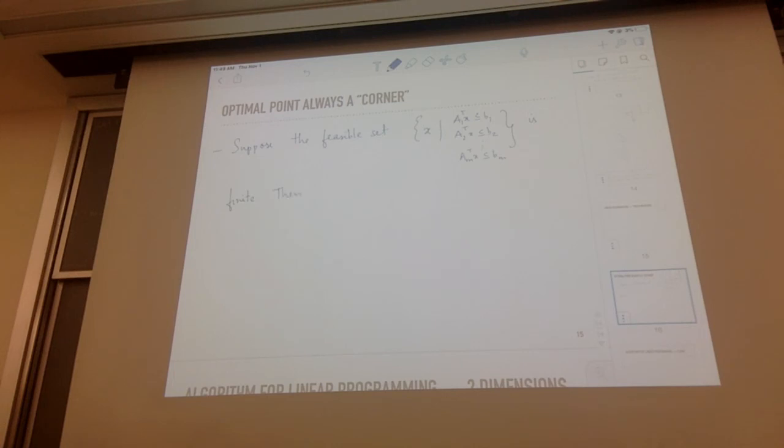Then for any c, okay, so c again is an n-dimensional thing, the optimum is a corner point.